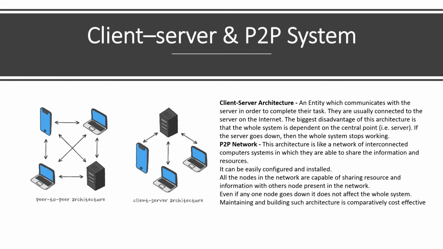Even if any node goes down, it does not affect the whole system. Maintaining and building such architecture is comparatively cost effective. Examples of P2P network are BitTorrent or blockchain.